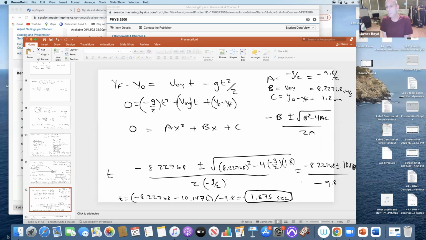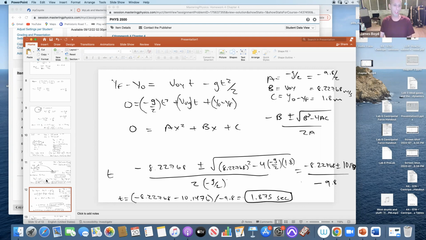You can do it either way. If quadratics don't bug you, fine. But basically anytime y initial and y final are not the same, you're always going to end up having to do a quadratic to get time. But you could also find v final, which doesn't involve doing a quadratic.